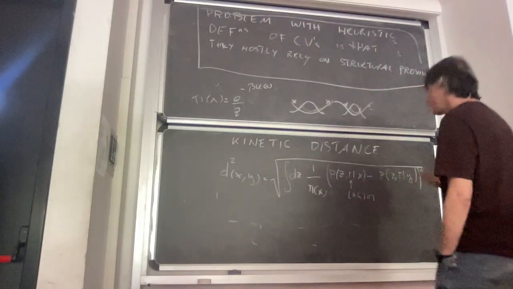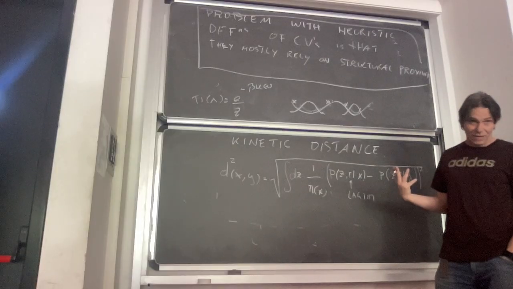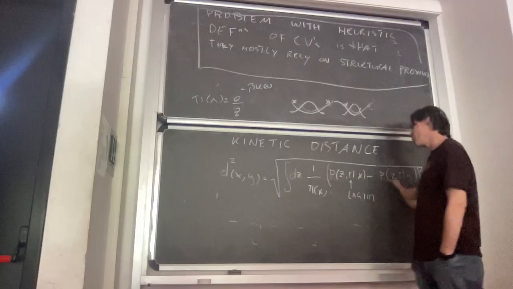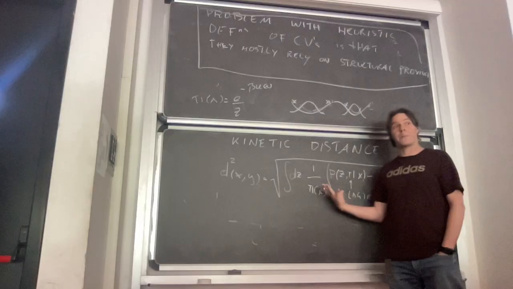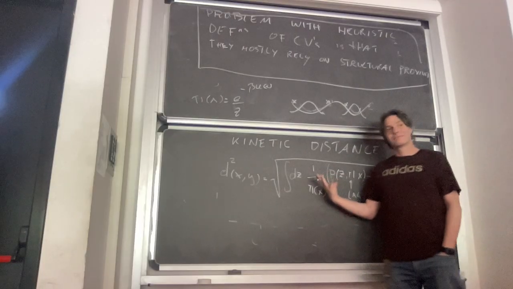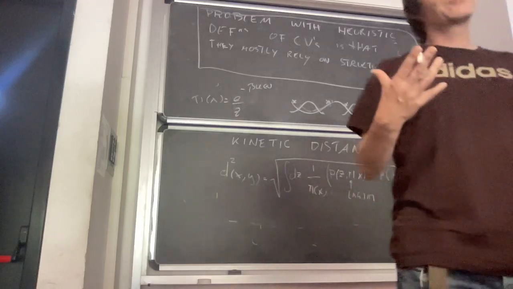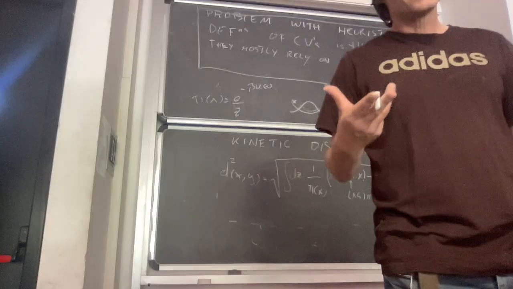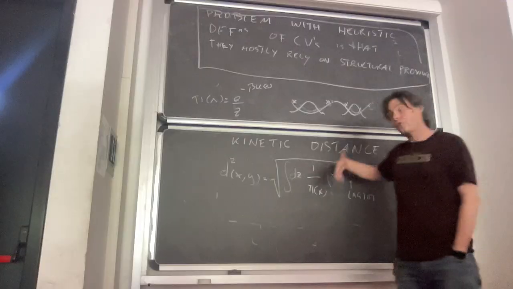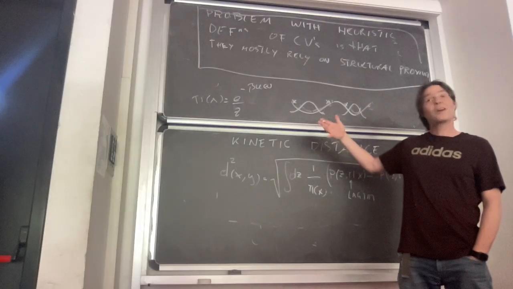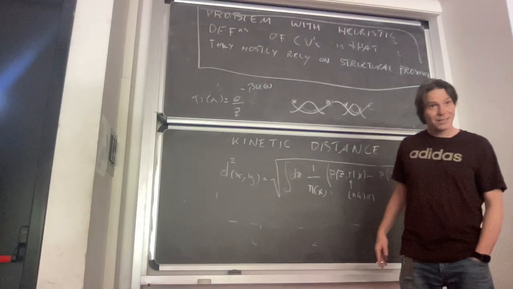So I'm going to give you a hint. We're not going to the details. I will give you a hint of how, using statistical mechanics, you can write this distance in a different form, and how using some algorithms you can use this new form to compute it efficiently. And this new form that I'm going to prove to you will contain also the very definition of ideal collective variables. Okay? So let's go.